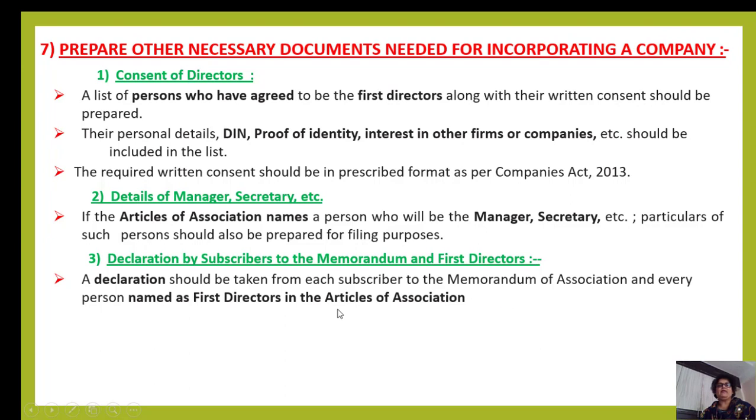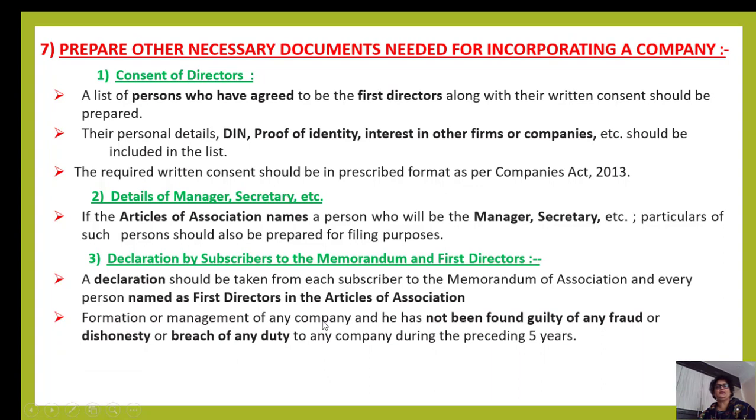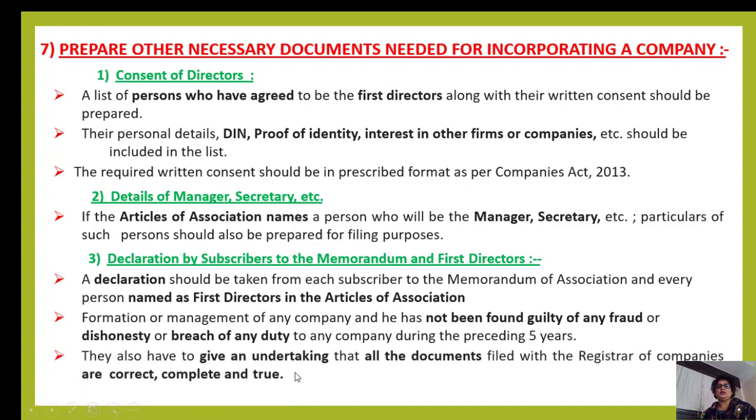That person, every person named as a first director in the articles of association, and also that director, has not been found guilty of any fraud or dishonesty, or breach of any duty to the company, during the preceding 5 years, in the formation or management of any company. So ROC, the Registrar of Companies, takes the undertaking of those directors.